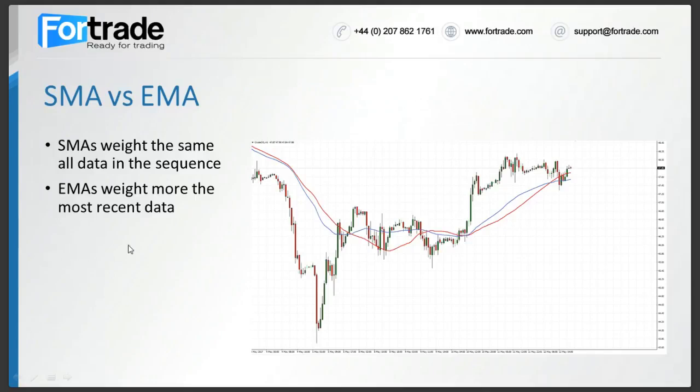So here we have the exponential moving average, which is actually closer to the price, and the simple moving average, which is the red line. The exponential moving average works well until prices break the fitting line.